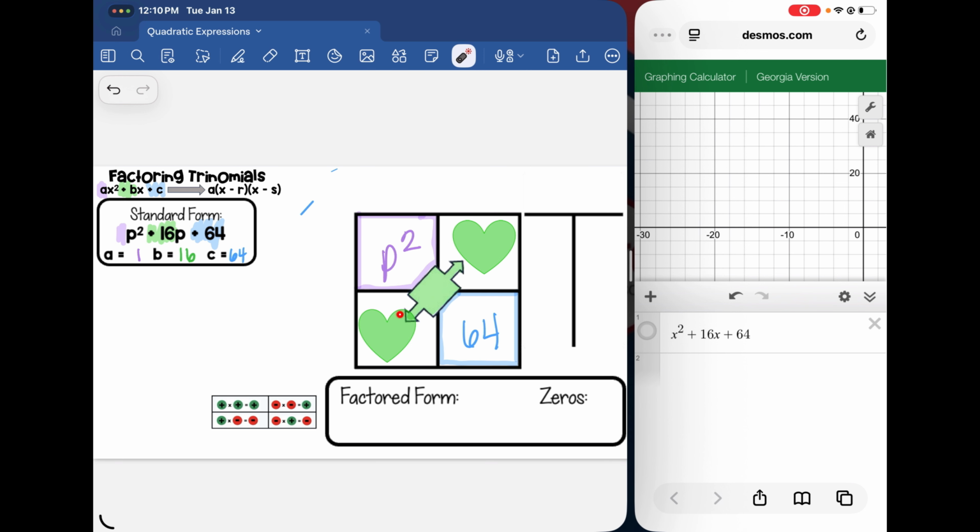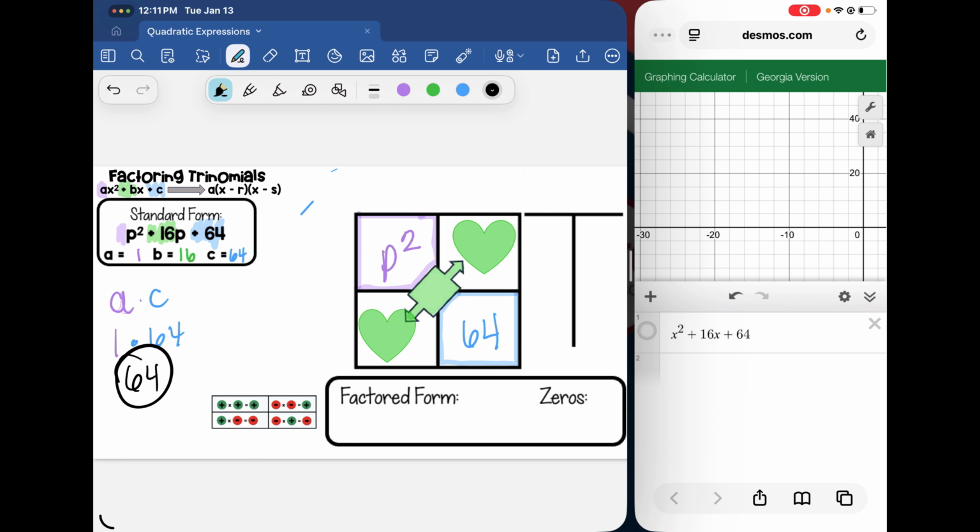And what are we going to put right here? Two numbers that are going to multiply to a times c, but add up to b. So let's figure out what is a times c right now. So my a value is 1 times my c value of 64. What is 1 times 64? 64.